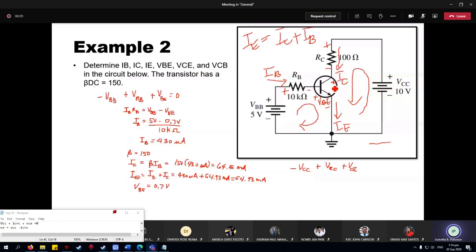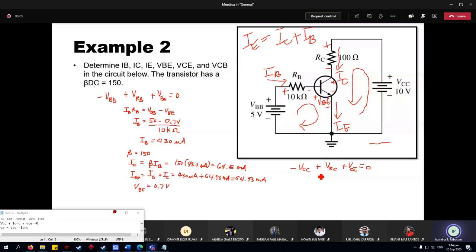Okay? So that is equal to 0. Summation of voltages in a closed loop is equal to 0. So therefore, VRC is equal to VCC minus VCE.